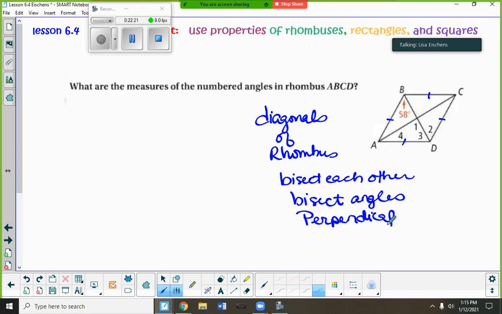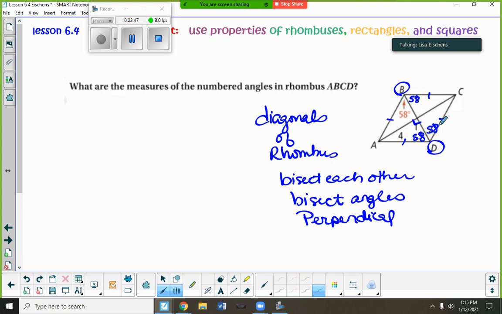Using those properties, we can fill these numbers in. So this right here, we know that this is 90 degrees. We know that this and this are both 58 because that's bisected. And opposite angles, so angle B and D are the same. So these are both 58. So you fill that all in.